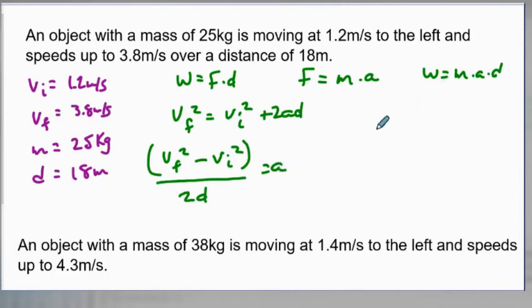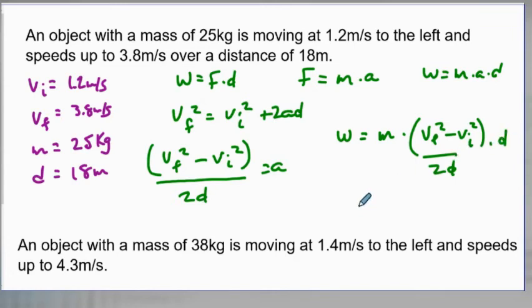Now I'm going to throw that into my work formula here. My work equals the mass times Vf squared minus Vi squared over 2d, multiplied by d. So now I have a formula that I can use to find my work.